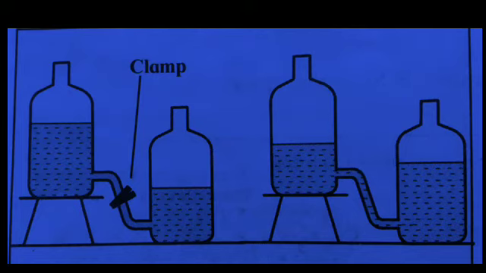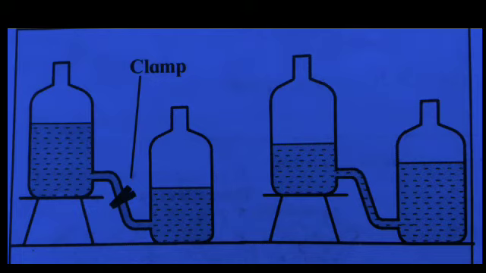Second question is, does the water stop flowing and why? Yes, at one point the water stops flowing because both bottles containing water are at the same level, or they exert equal pressure. At that time the water stops flowing.